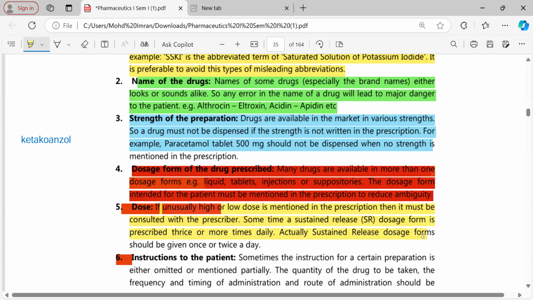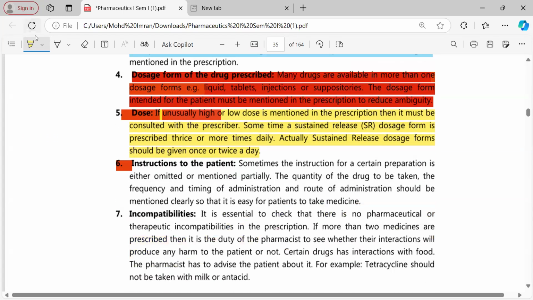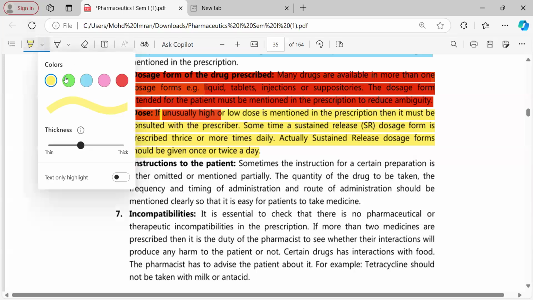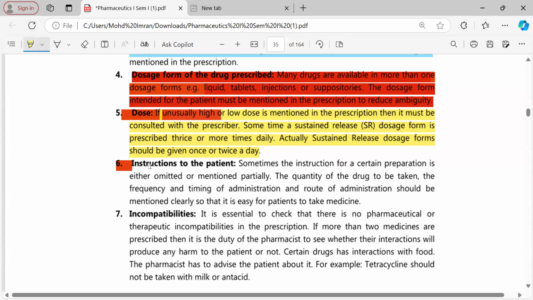And even the frequency should be mentioned: how many times the patient should take this drug. Every 3 hours, every 4 hours, once daily, twice daily, thrice daily, once in a week, once in a month. So mentioning dose and frequency is also an important part of the prescription. If it is missing, it again causes a serious error.